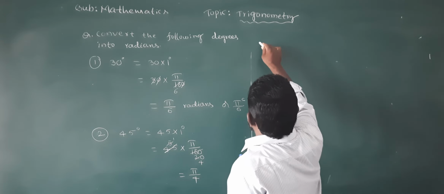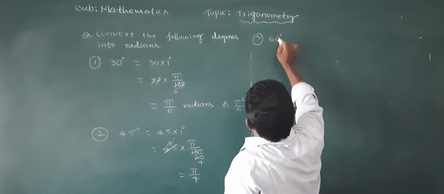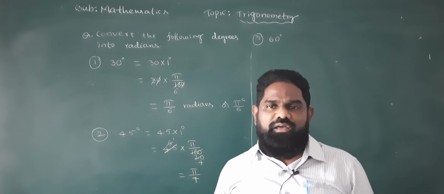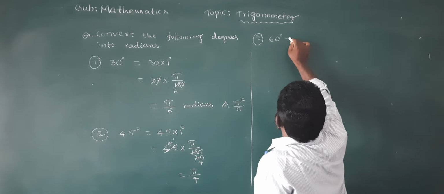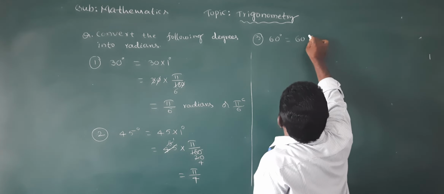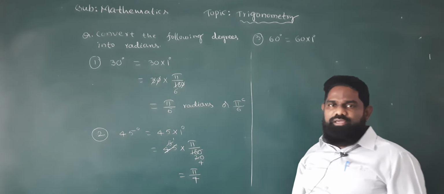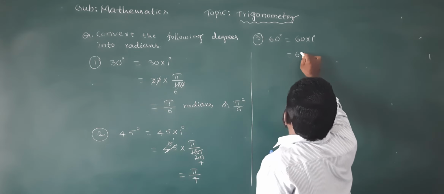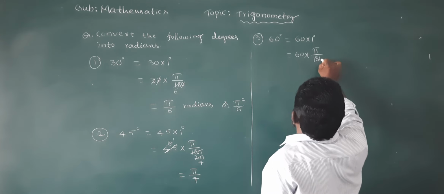Next. The another question, convert 60 degrees into radians. Let us see. This can be written as 60 into 1 degree. 60 into 1 degree equals how many radians?